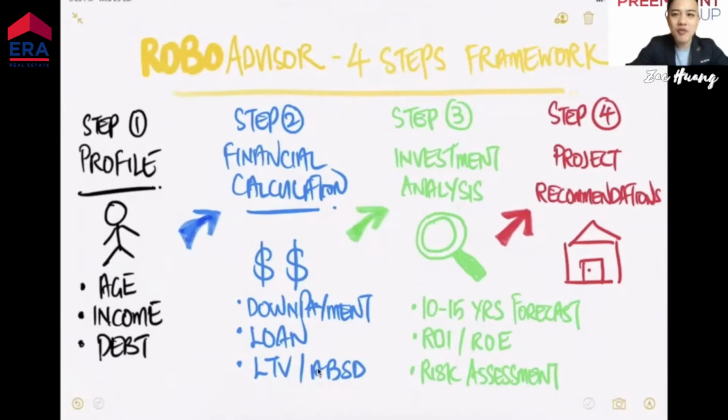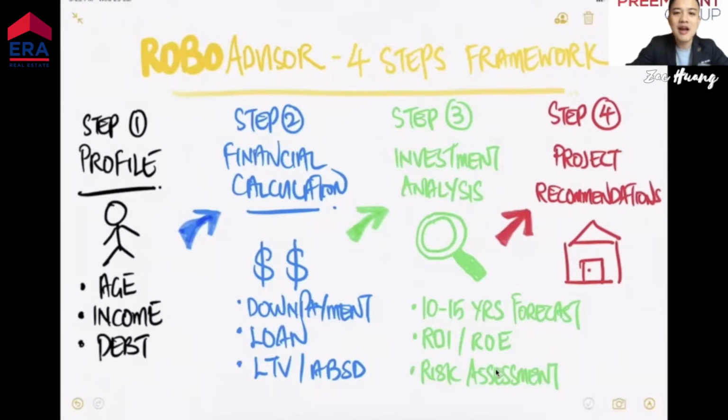Once you're done with all this financial calculation, you will move on to step number 3, framework number 3, investment analysis. Okay, in this investment analysis, Robo Advisor is able to tell you a 10 to 15 years forecast. You can adjust accordingly the ROI, the ROE for this property investment. Also share with your customer about their risk assessment.